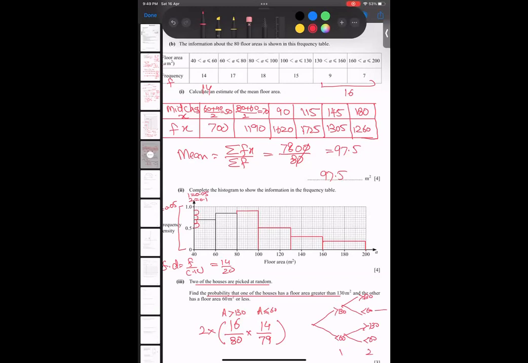So we have this branch and we have this branch: bigger than 130 then less than 60, or less than 60 then bigger than 130. So we have two branches. I hope you got the idea. Let me calculate 16 divided by 80 times 14 divided by 79, times 2, and the answer becomes 28 divided by 395. I hope the point is very clear.